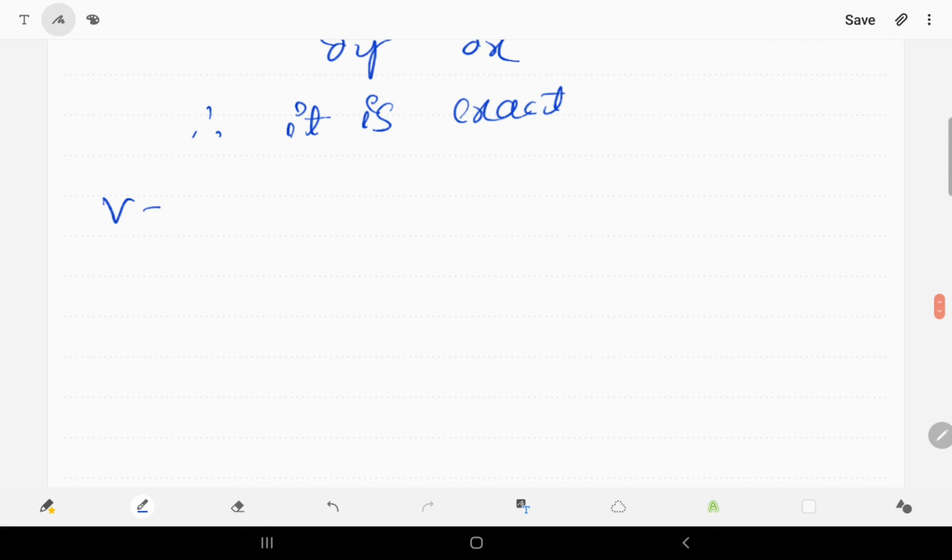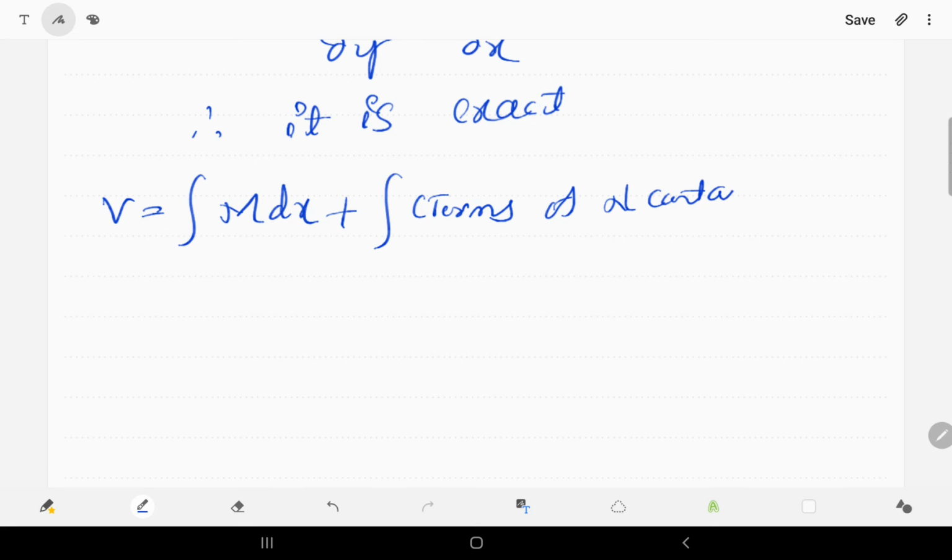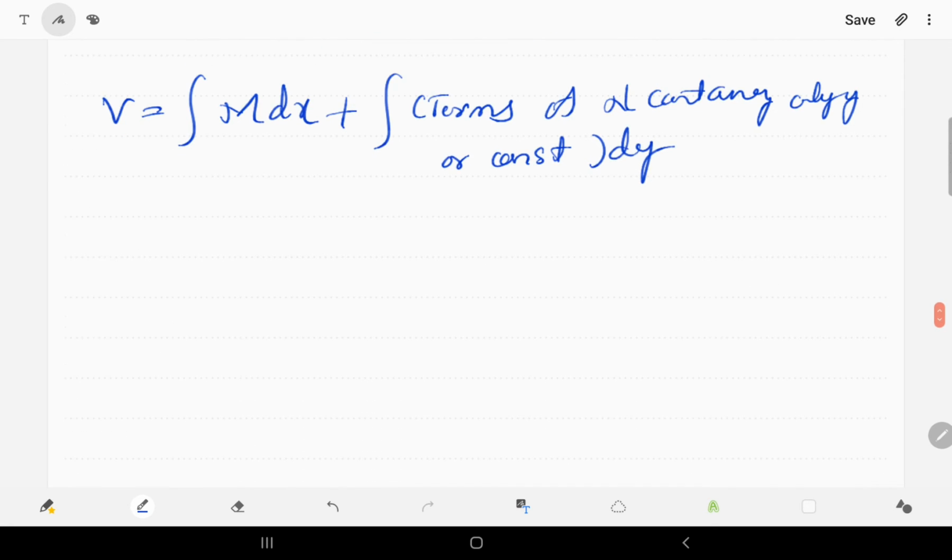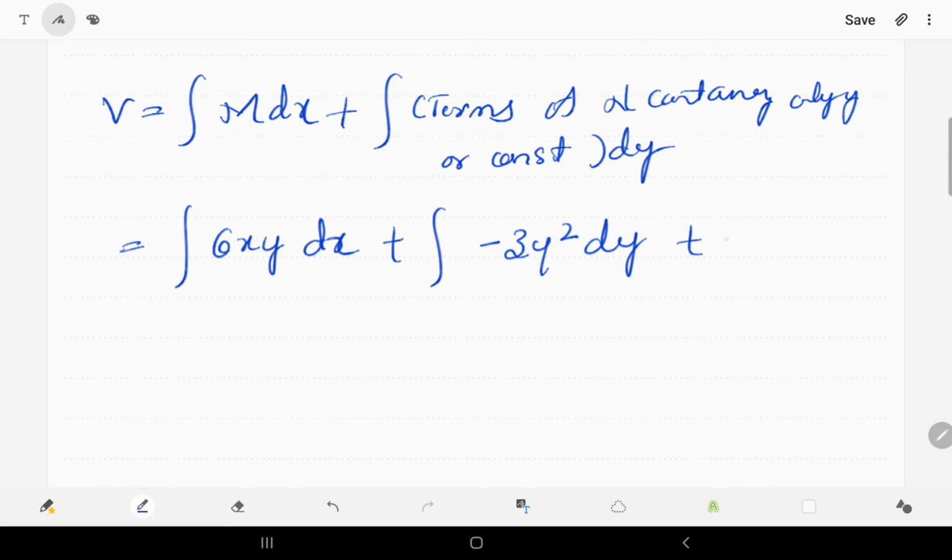Therefore its integration v is equal to integration of m with respect to x plus terms of n containing only y or constant into dy, that is equal to integration of m is 6xy with respect to x plus terms of n containing only y or constant is minus 3y square with respect to dy plus c.